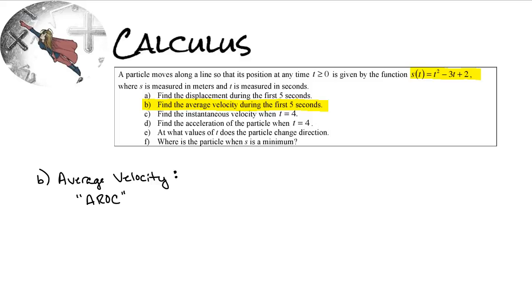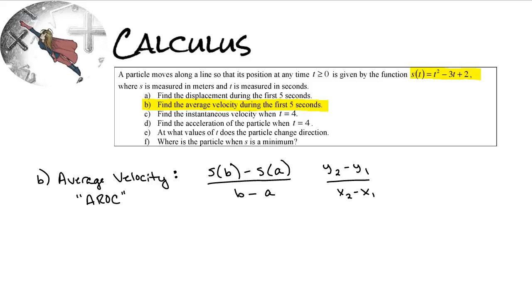So you can think of it in a lot of different ways, but it is S of B minus S of A over B minus A. Okay, basically that is like having the old slope formula, y2 minus y1 over x2 minus x1. It's the same exact thing.